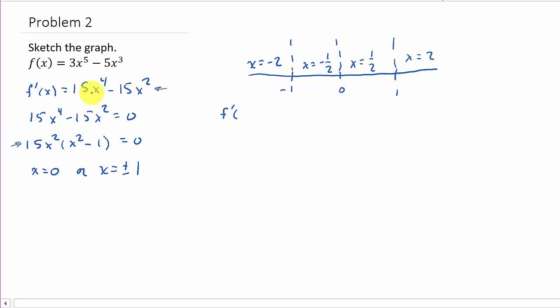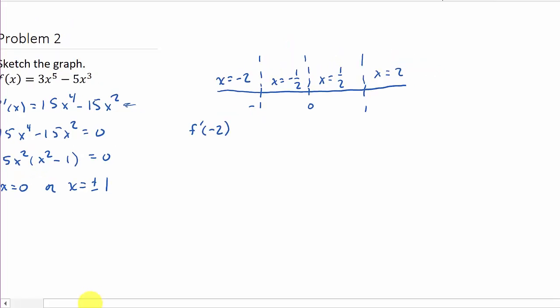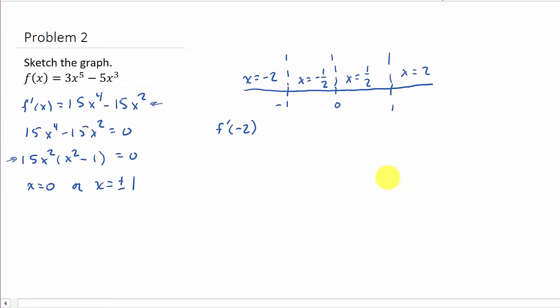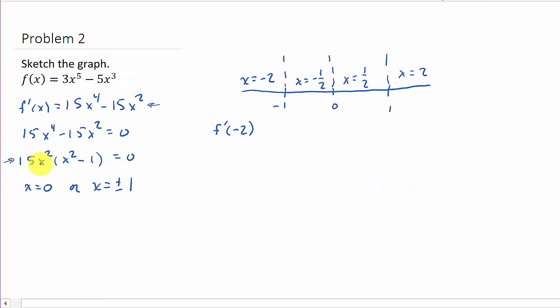All right, so I'm going to plug the -2 in. I can plug the -2 in, get a y value, but I don't really care about that. Look, if I plug the -2 in here, -2 squared is 4. 4 times 15 is a positive number.